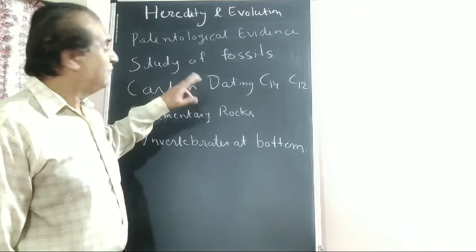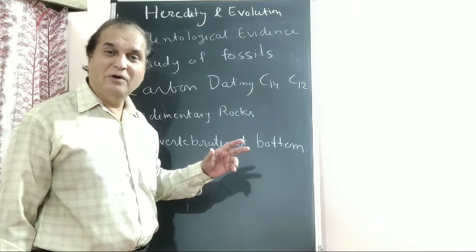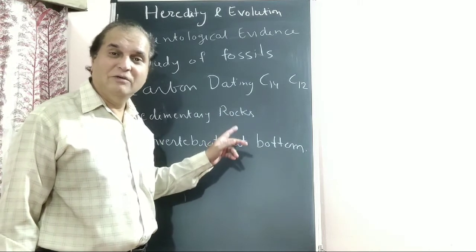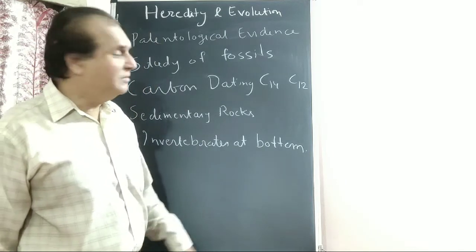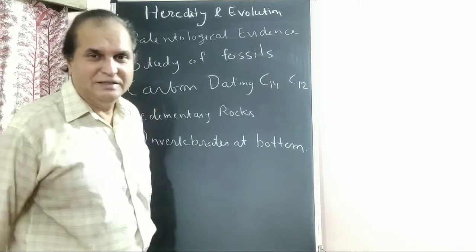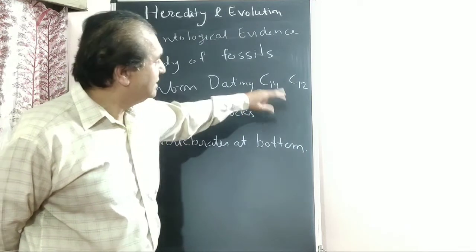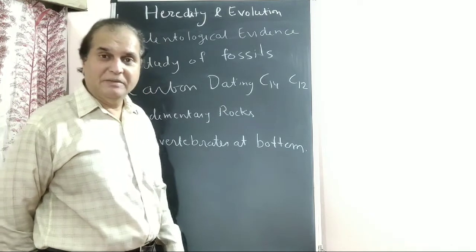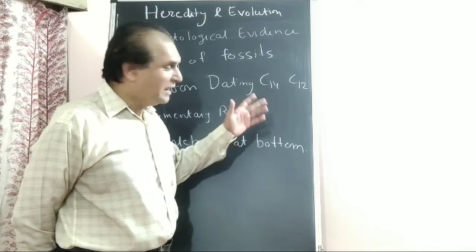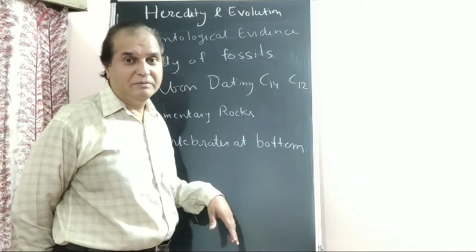So we can determine the age of a fossil. How many years before was the fossil living? See, every living organism has two carbons, C14 and C12. C14 is radioactive and C12 is non-radioactive. This is a disintegration process. Immediately it starts disintegrating and it is a never-ending process.